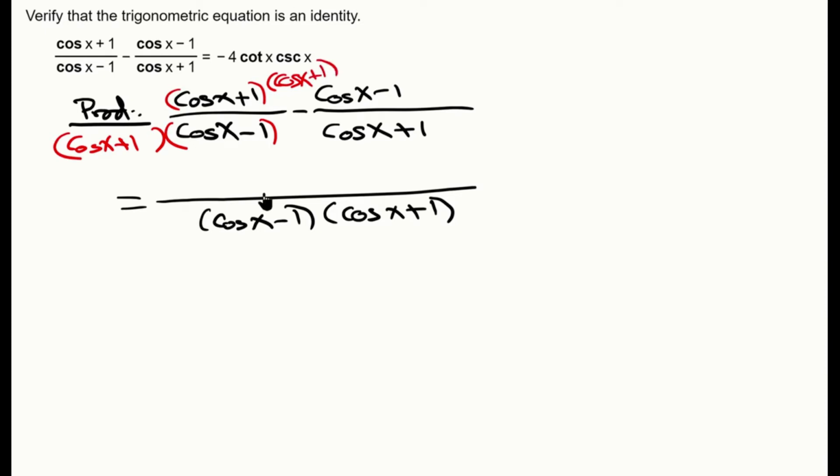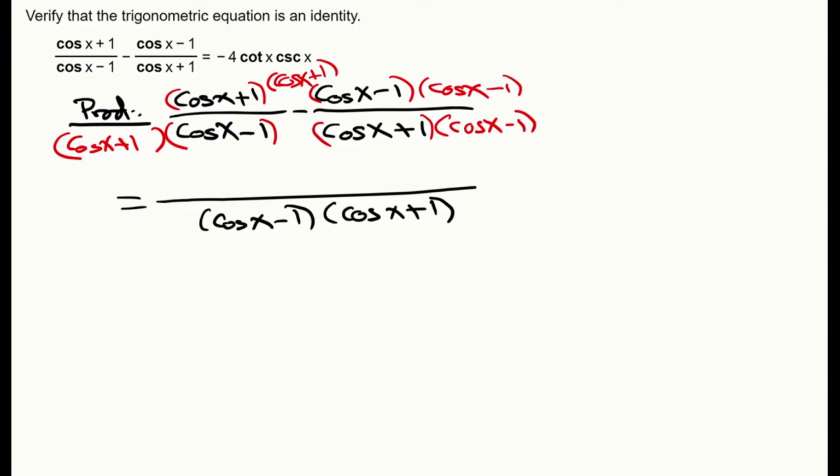And to make the second denominator like the common denominator, we're going to have to multiply by cosine x minus 1. So that's what we will do now. And we'll want to do the same on the top. Make sure that you are parenthesizing the expressions in the way that we are to make sure the proper distributions occur.